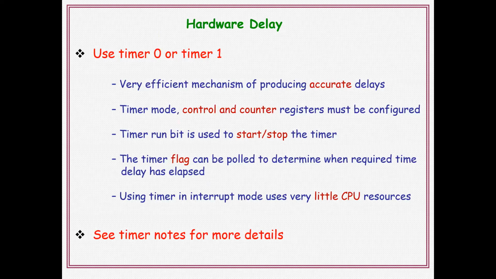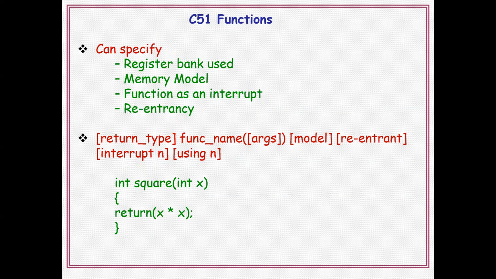The timer flag can be polled to determine when the required time delay has elapsed. Using the timer in interrupt mode uses very little CPU resources. We already discussed timers, so you can see the timer notes for more details.